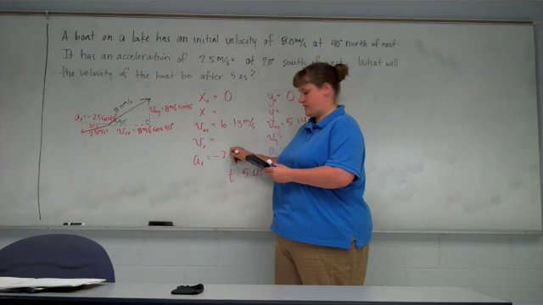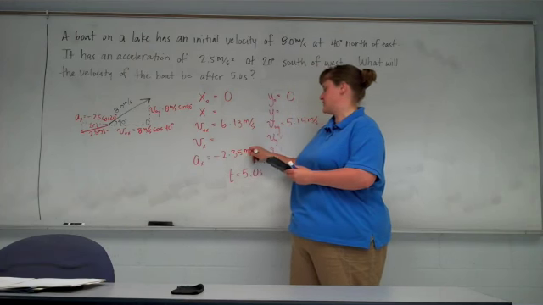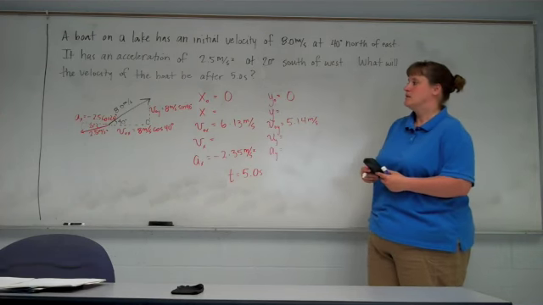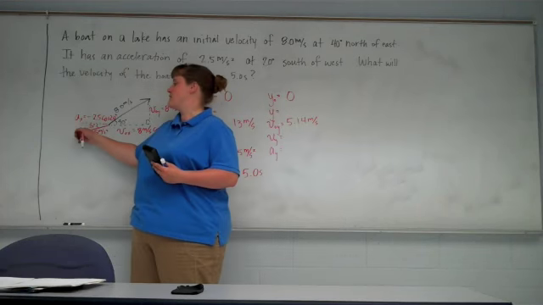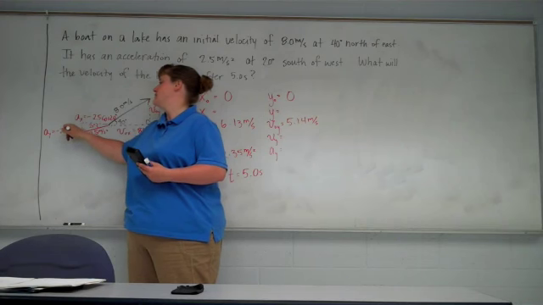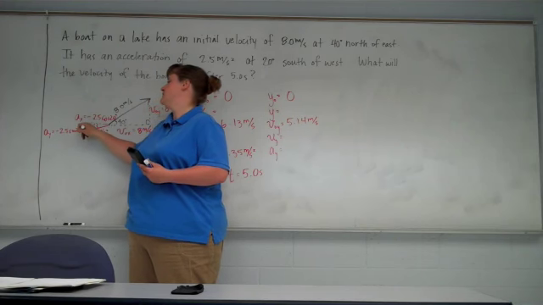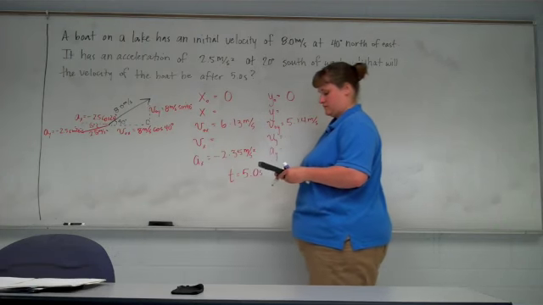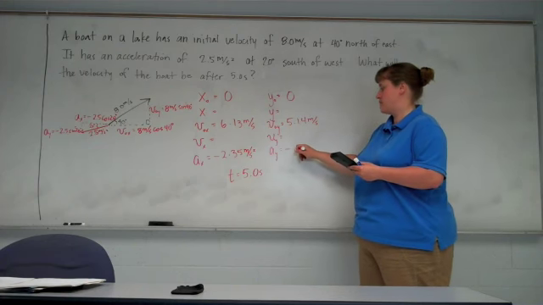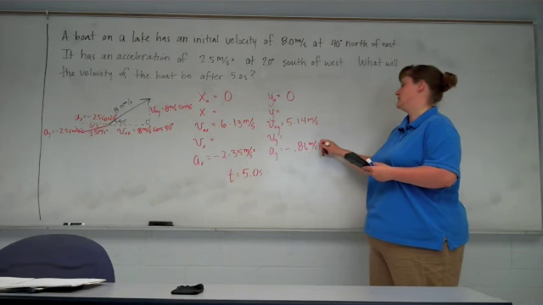So negative 2.35 meters per second squared. This acceleration vector points downward, so the acceleration in the Y will also be negative. This time sine of 20. So negative 0.86 meters per second squared.